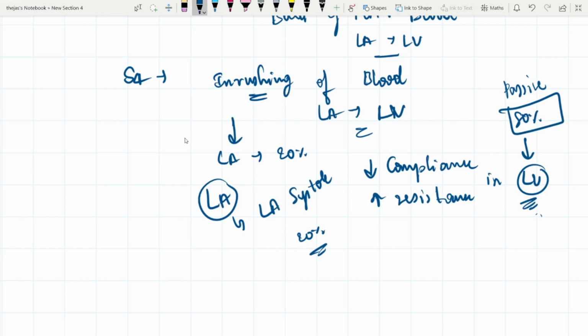That someone is nothing but the left atrium. By what? By contracting, that is left atrial systole. So this fourth heart sound is heard in conditions like left ventricular hypertrophy. Okay.